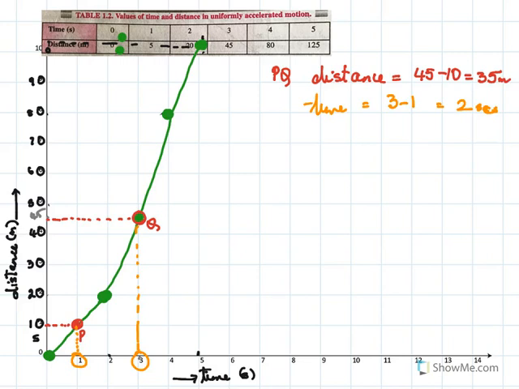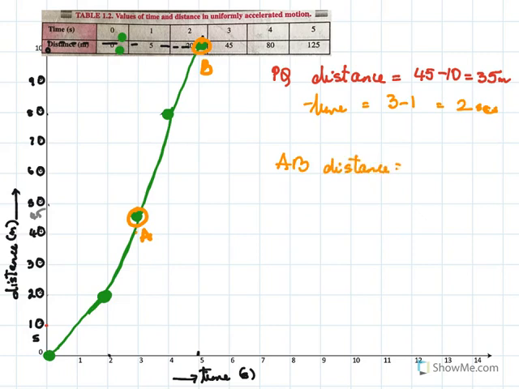Let us take another 2 seconds now. We'll take this here as A, and the other one at 5 we'll write as B. So we'll see between A and B what is the distance it travels. Here the distance will be 45 to 125.